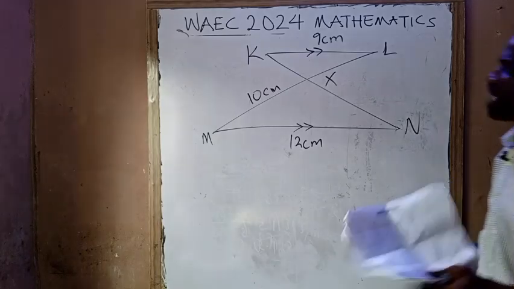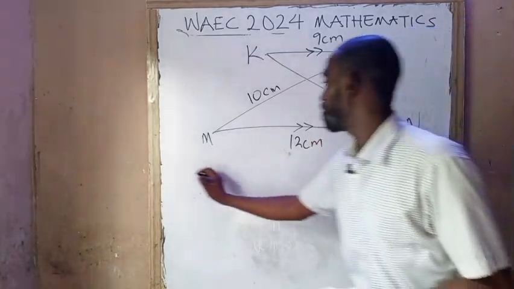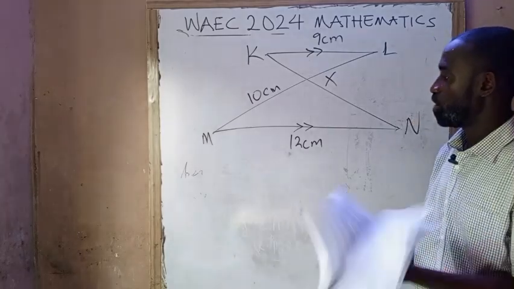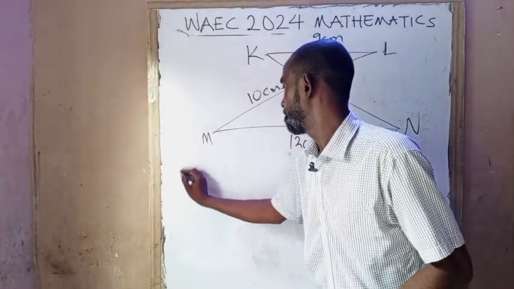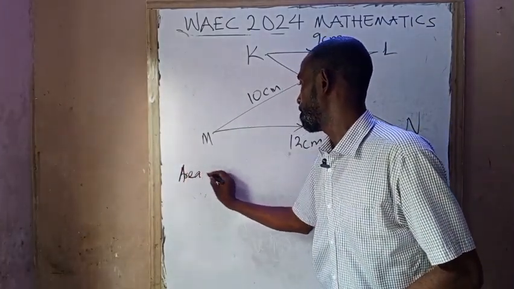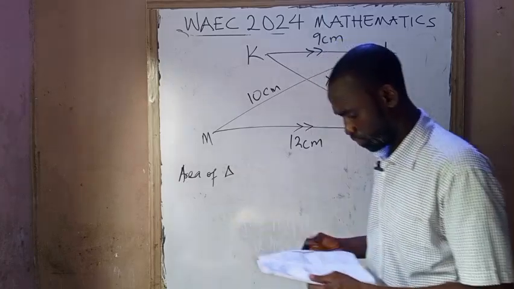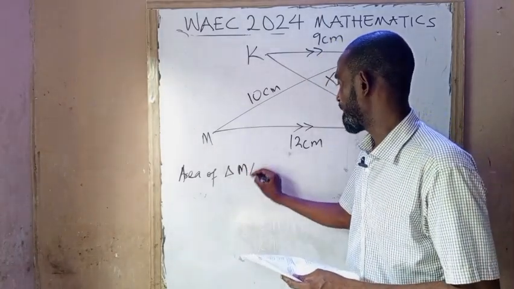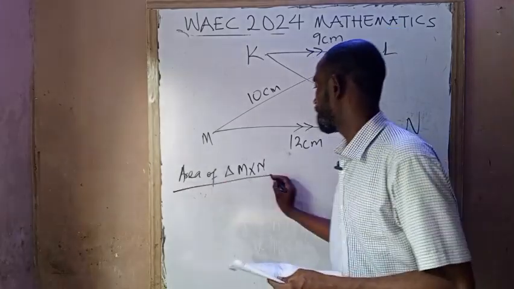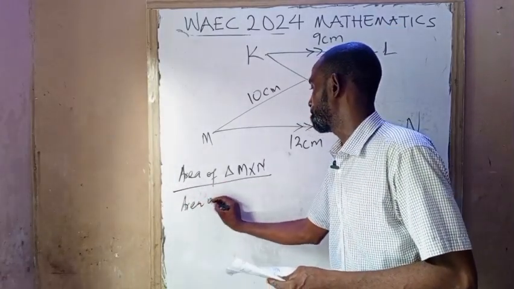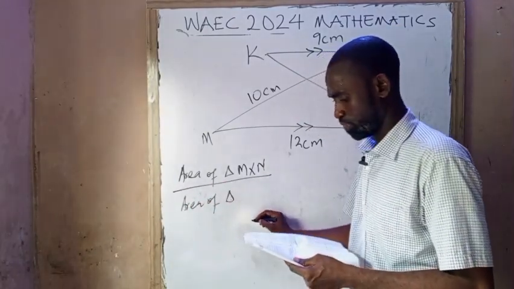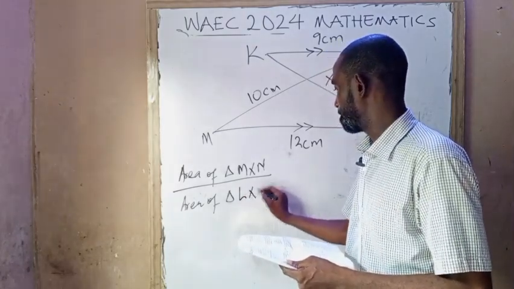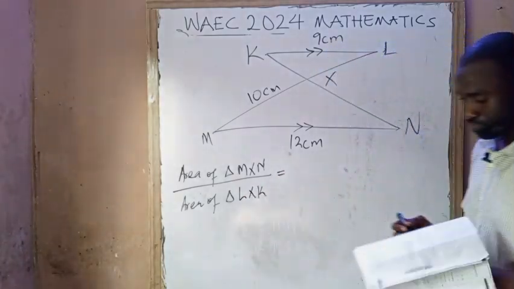So we have this one now. Area of triangle MXN over area of triangle LXK.